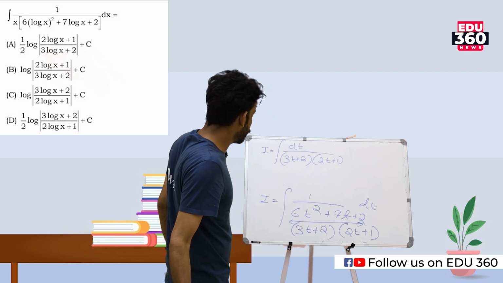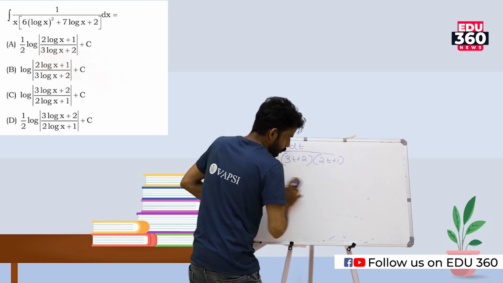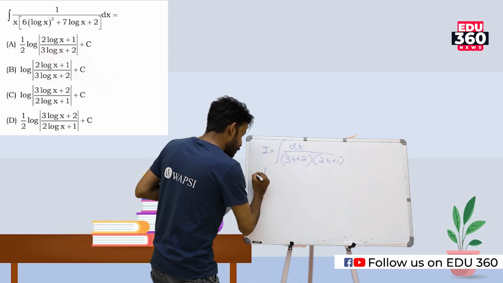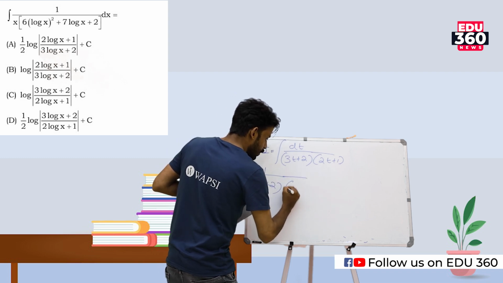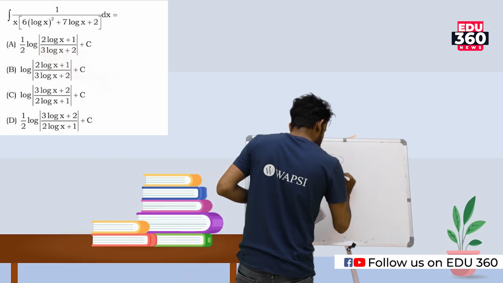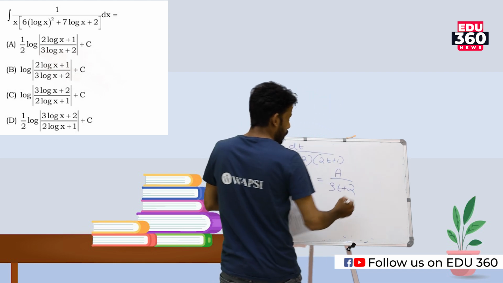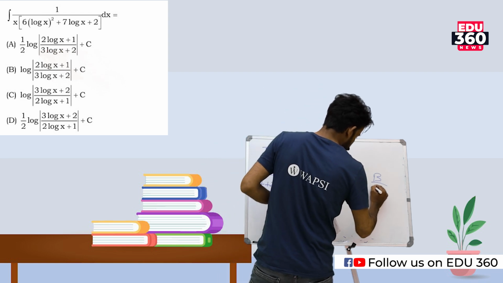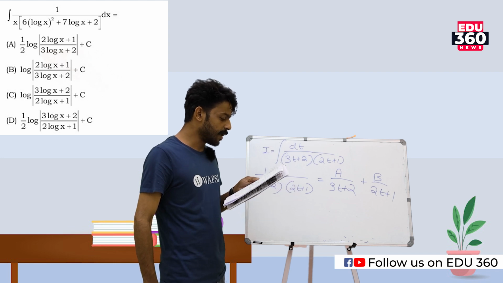So hereafter, we can write 1 by (3t+2)(2t+1) as A divided by (3t+2) plus B divided by (2t+1).